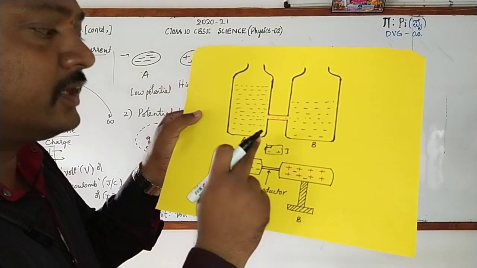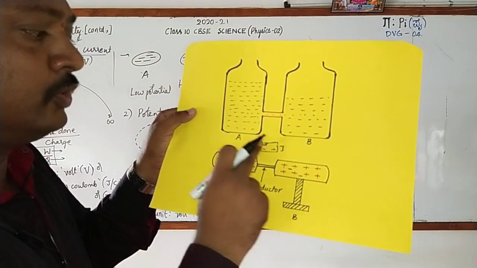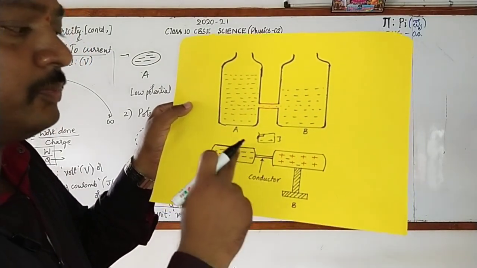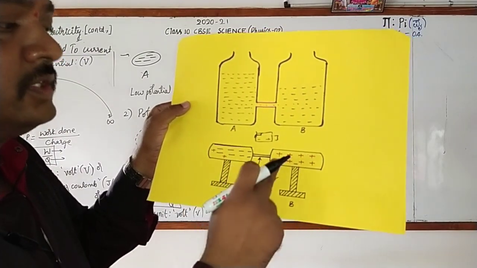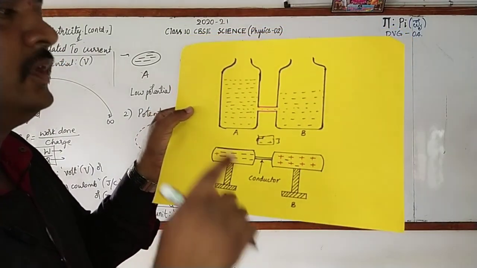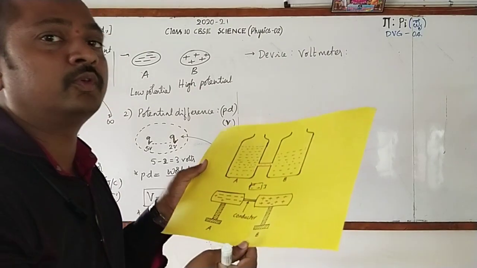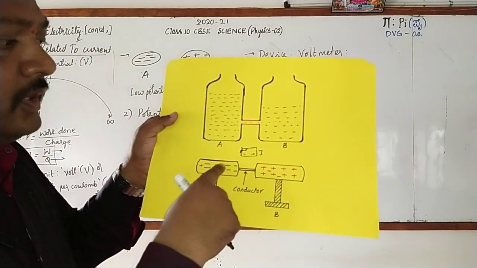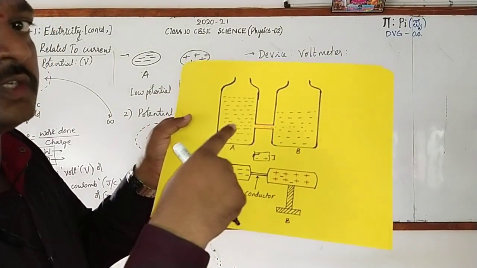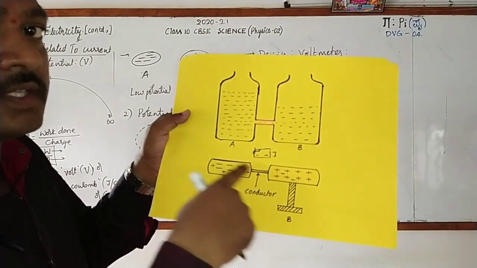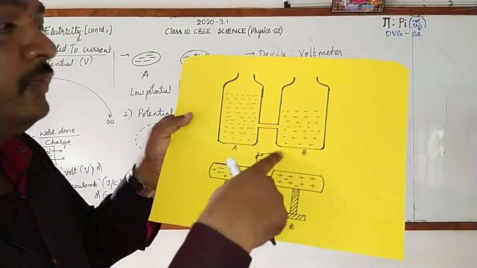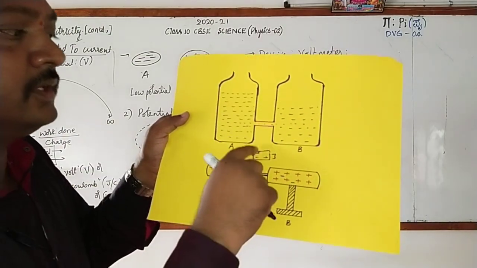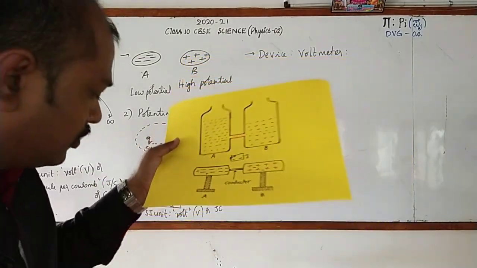The minimum energy required to maintain the constant potential difference across the ends of a conductor is called electromotive force. Got it? If this difference is there, then only the charge will flow. To maintain the constant potential difference, we have used the cell, and this is called electromotive force.